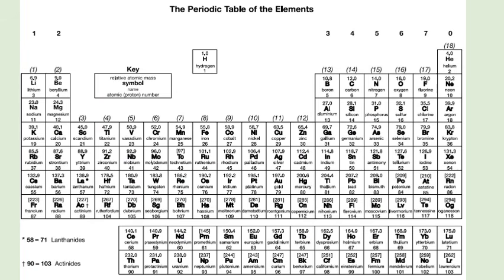Looking at the periodic table then, if we want to compare elements as our spec says in group 1, group 2 and group 7, if we were asked to compare the ionization energies of anything within the same group, either group 1, group 2 or group 7, we will use the radius.